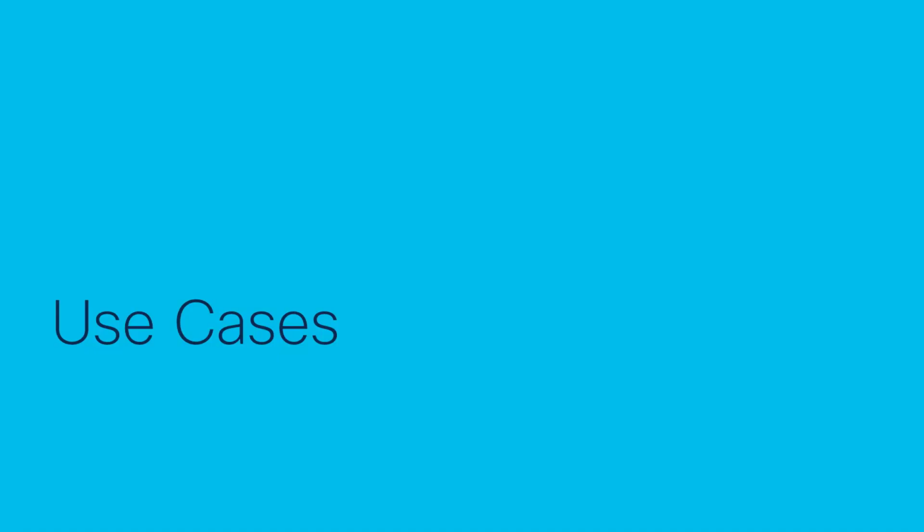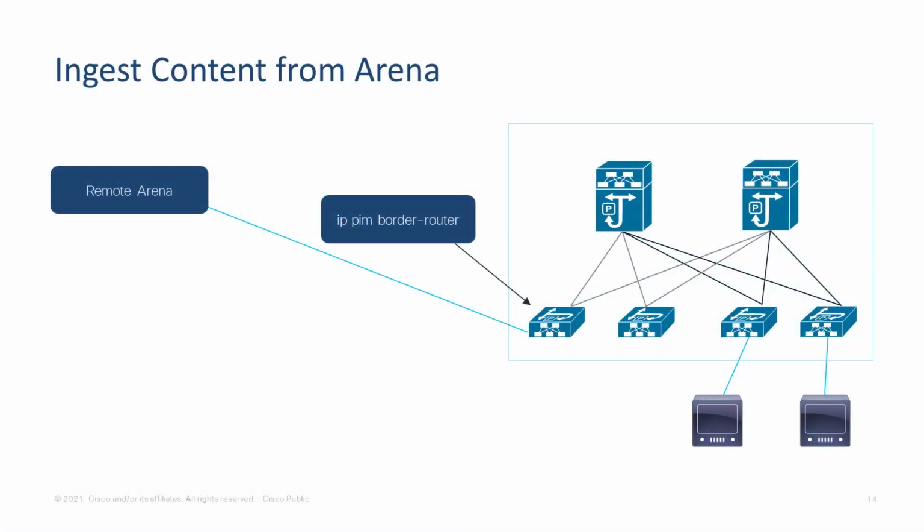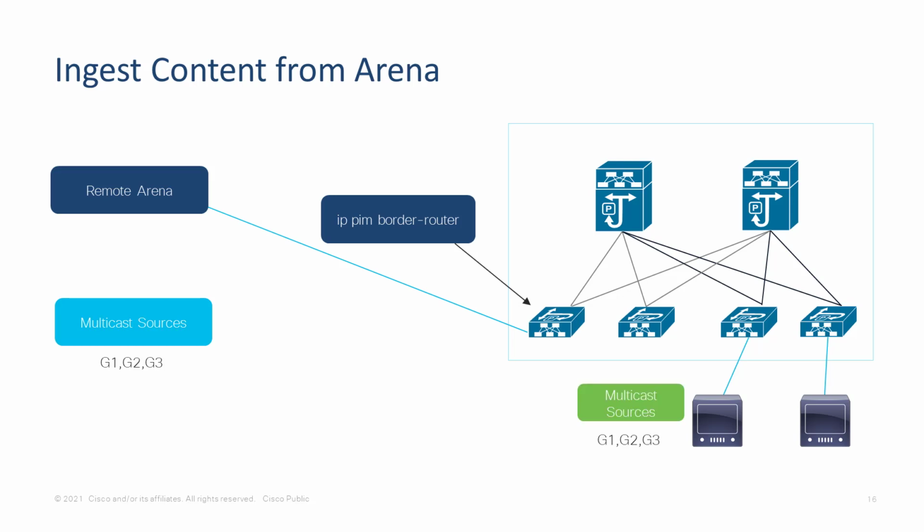Now, having given you a background of what the feature is and its implementation on the Nexus 9K, let's look at what problems it solves for our customers. The first use case involves a scenario where there could be multicast sources outside your own network, and you're going to ingest those sources, but occasionally you could run into an issue where the IP address used by those external multicast sources is overlapping with the IP address used by some internal multicast sources.